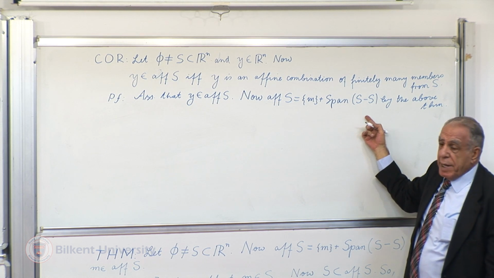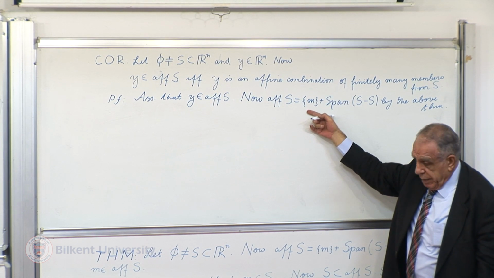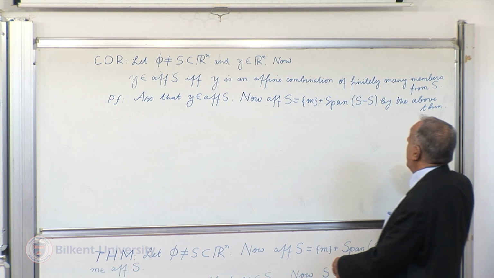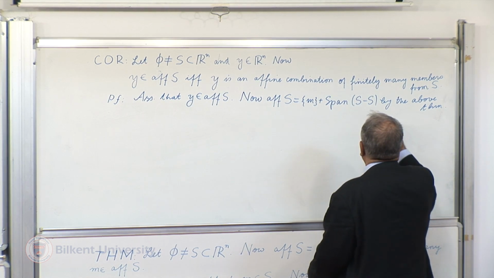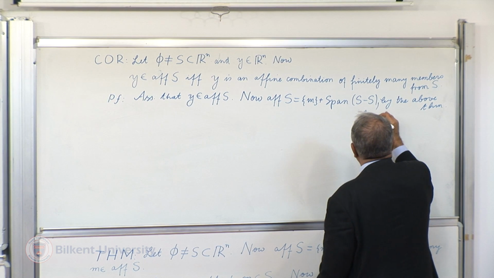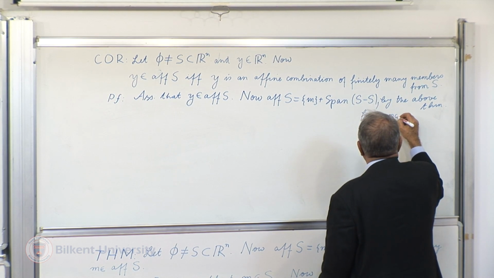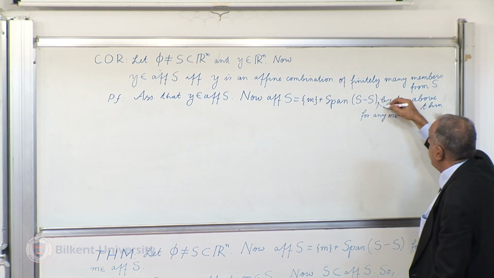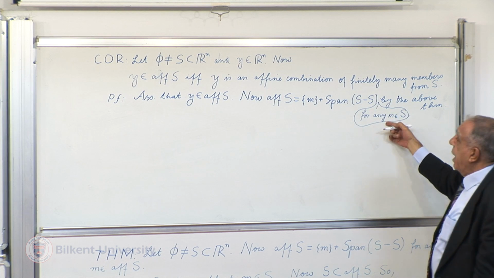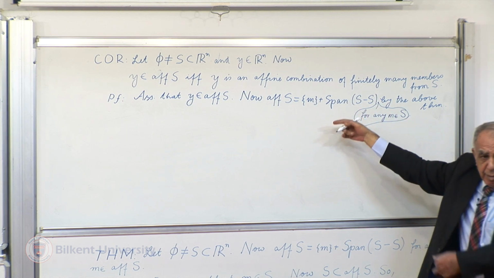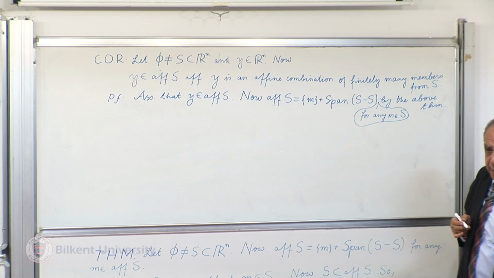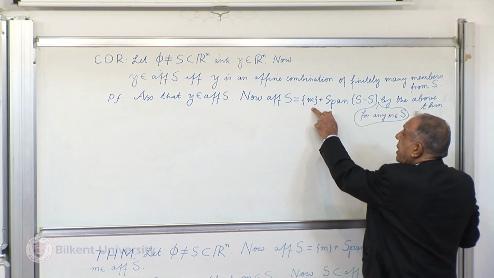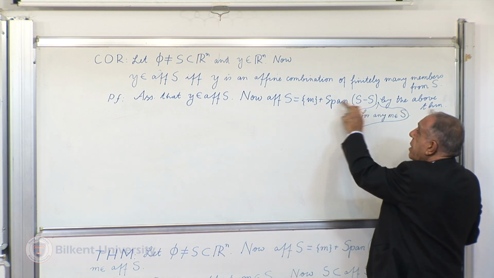But that means y is this m, for any m in the affine hull, but we can take some m in S, well, that will be in the affine hull as well, and this will hold. Okay? Well, that means y can be written as m plus something from here.